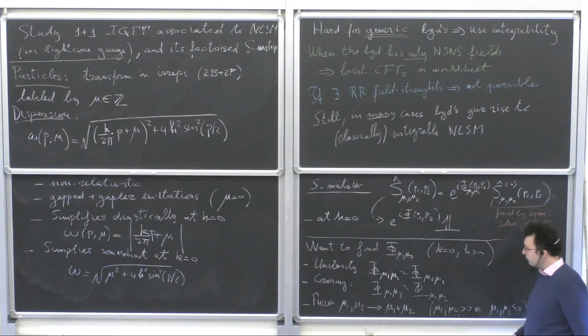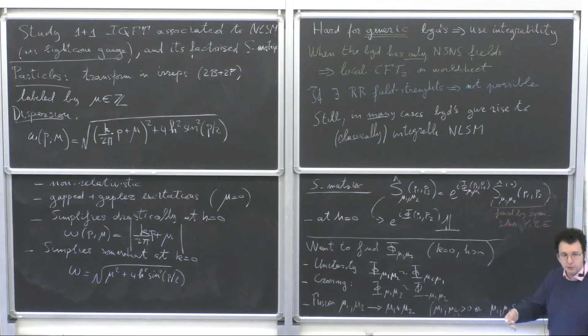So this tells you that if you have two particles with positive mu, you can make bound states. With negative mu, you can make bound states. With positive and negative, there aren't the right poles in this matrix. You cannot make bound states, which tells you in particular that the massless particles, the gapless particles, are not bound states of heavier particles, which sort of makes sense.